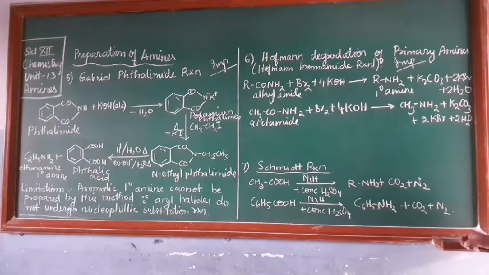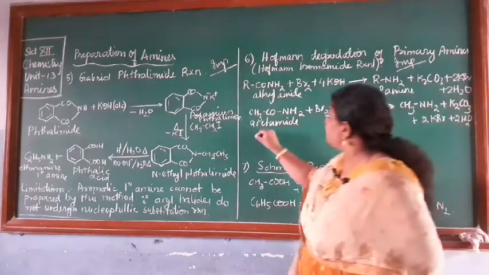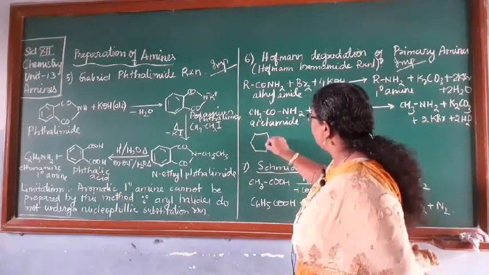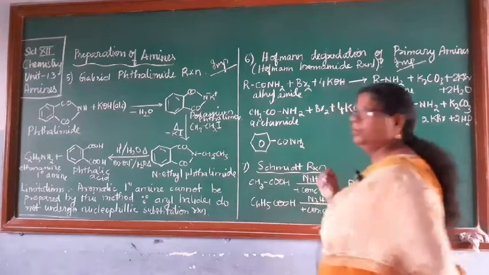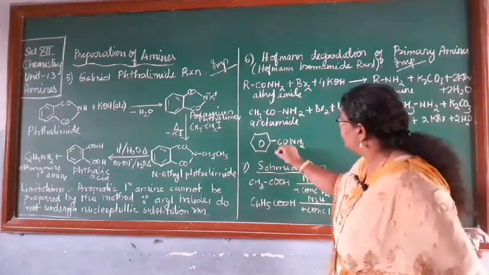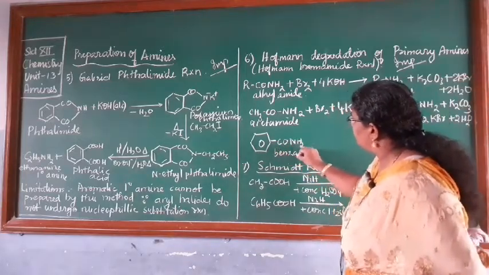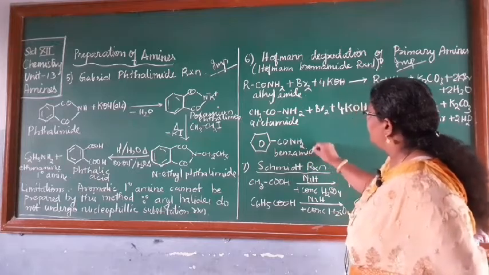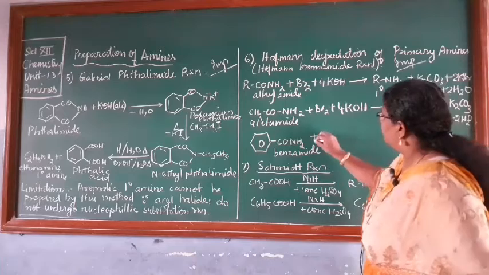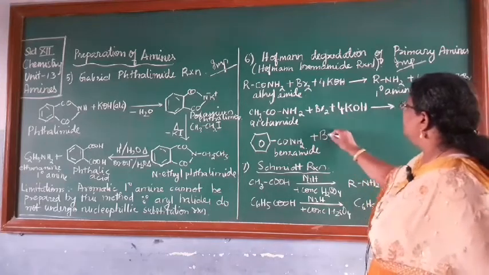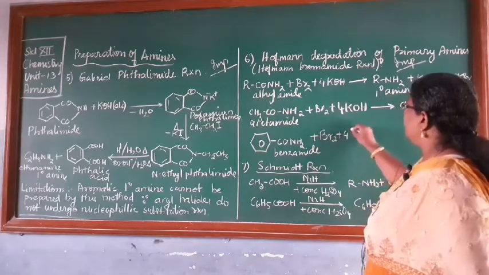Okay, similarly if you take benzamide, what structure does benzamide have? This is a benzene ring, CO, NH2. So this is benzamide. Again with Br2 and KOH. Don't forget to put the stoichiometric coefficients also.